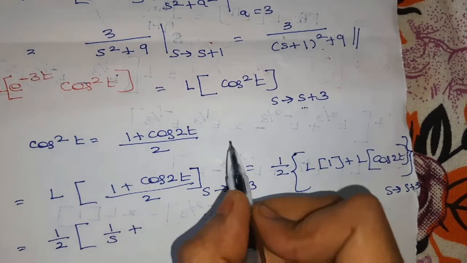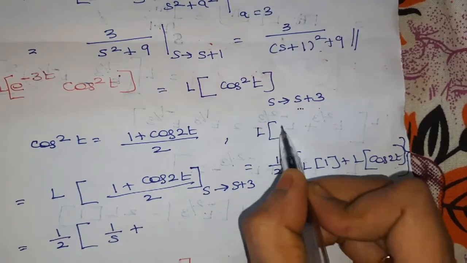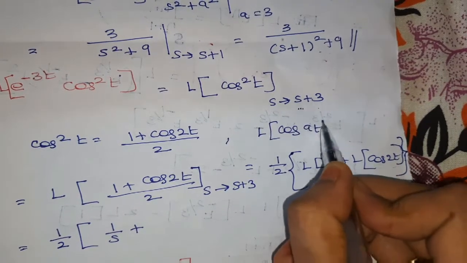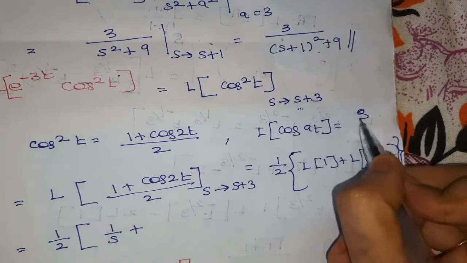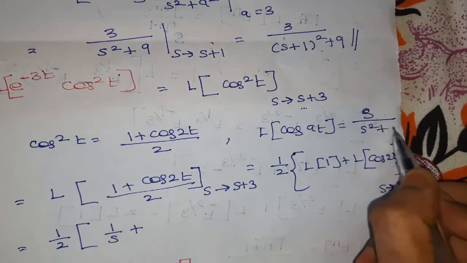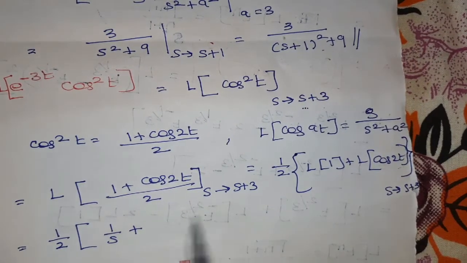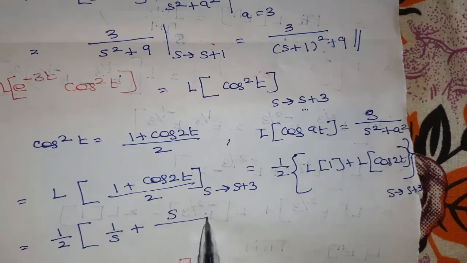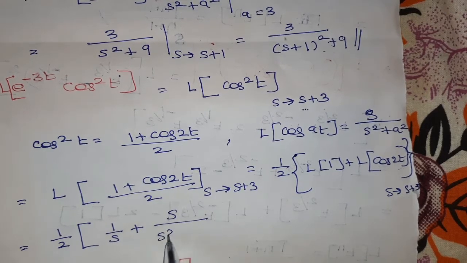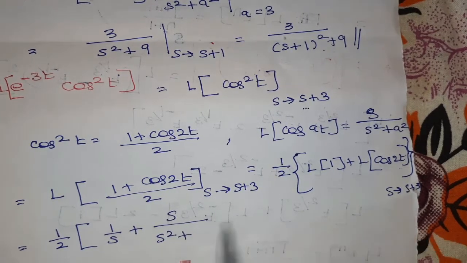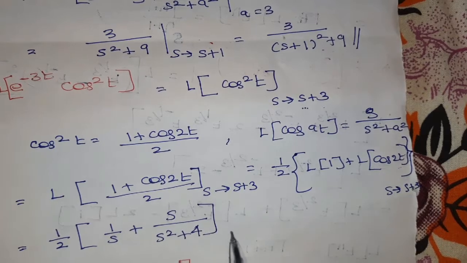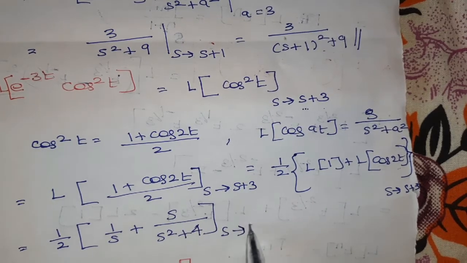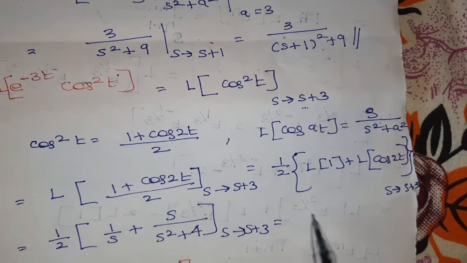We know the formula for Laplace transform of cos at is equal to s divided by s squared plus a squared. Similarly, cos 2t gives s divided by s squared plus 2 squared, which is 4. Now replace s with s plus 3 here.